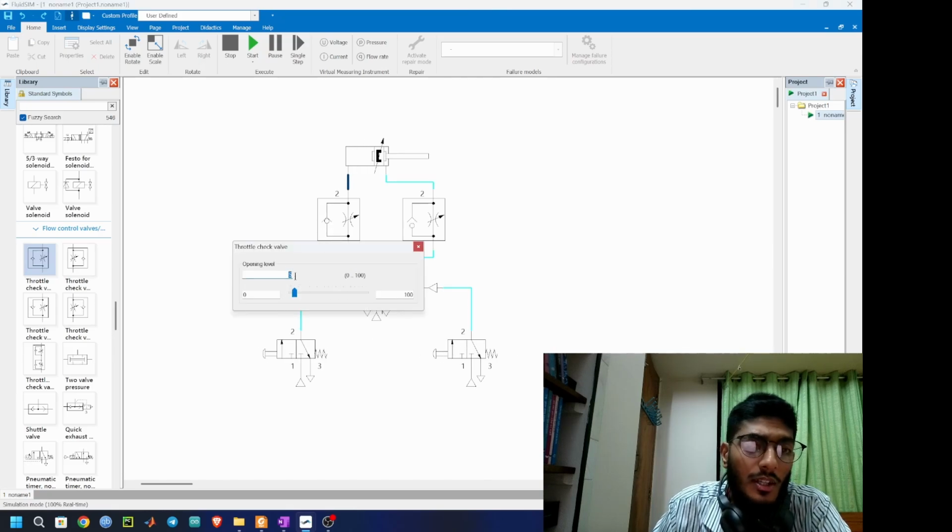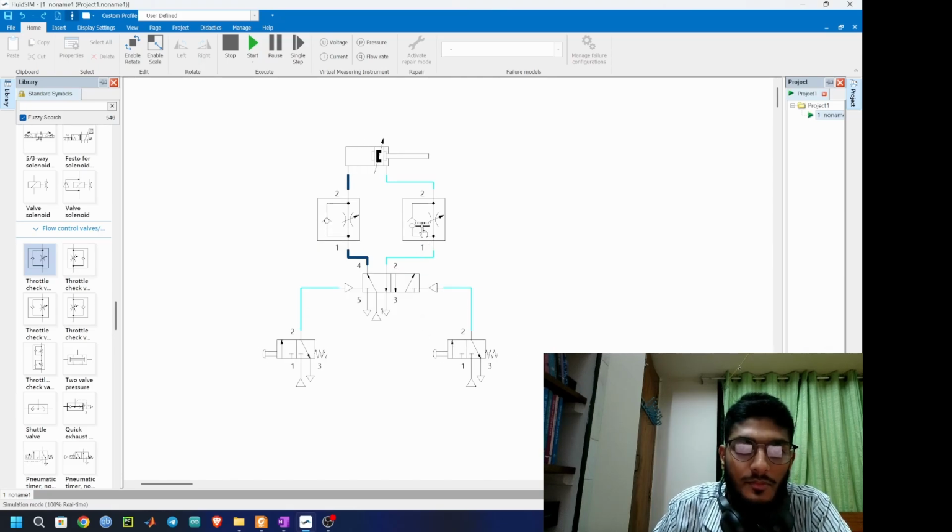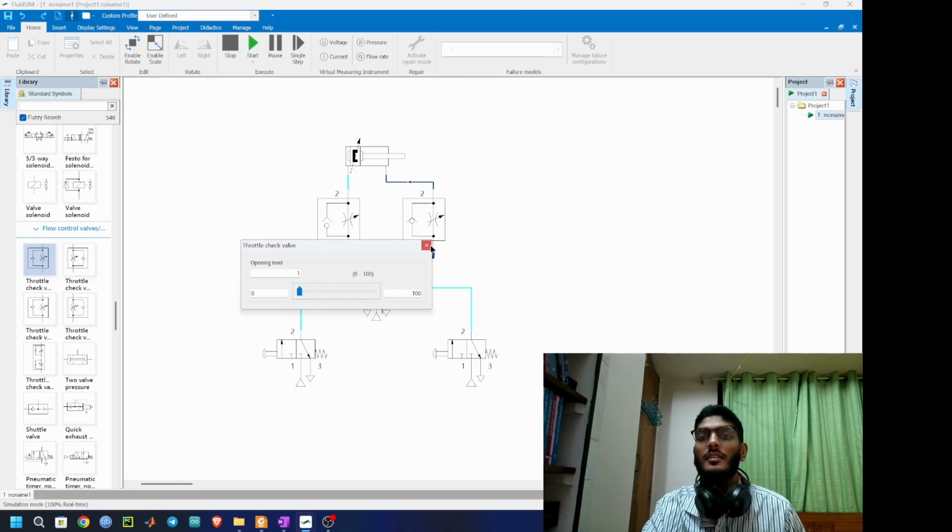So what about 1? Let's see. It's very slow, very slow. I don't want that slow, but you got the general idea of how the circuit works.